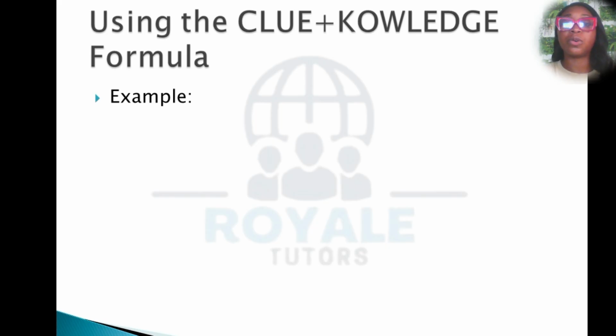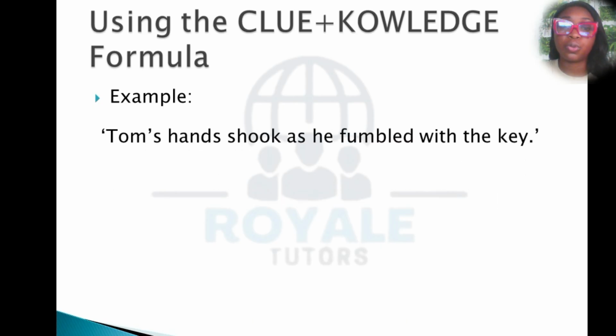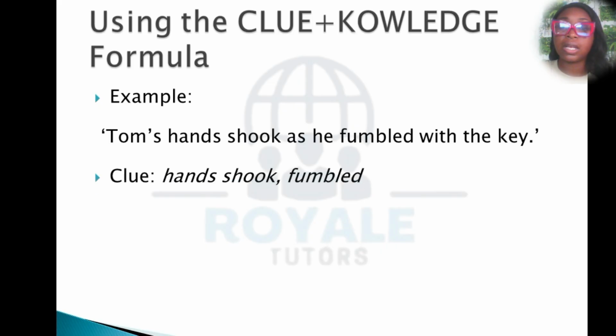Now, we have to look at examples on how you can use the clue plus knowledge formula. All right, we have an example. Tom's hands shook as he fumbled with the key. All right, now, first things first again, we have to look out for the clue. So we have hands shook and then we have fumbled. Now, clue plus knowledge, we have our clues already.